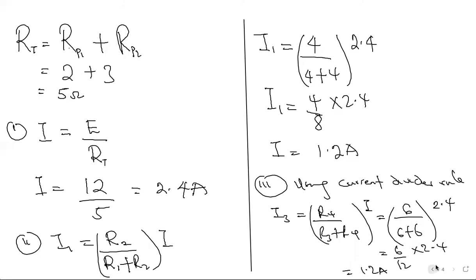Therefore, the voltage across the 6 ohm resistor, V6 ohm, should be I3 multiplied by R3, which is the 6 ohm itself.